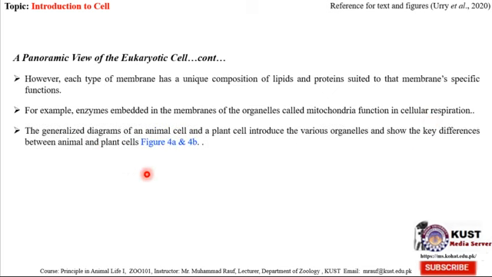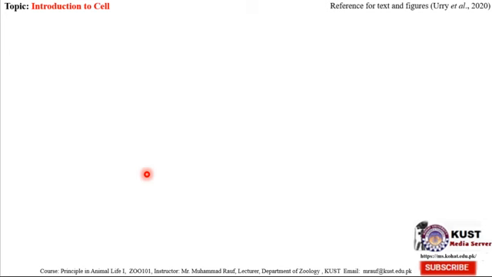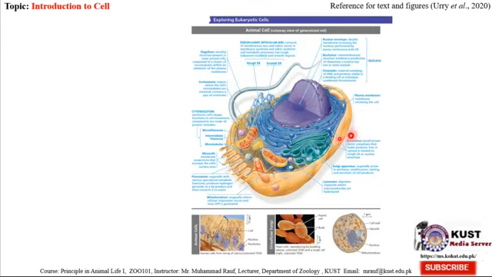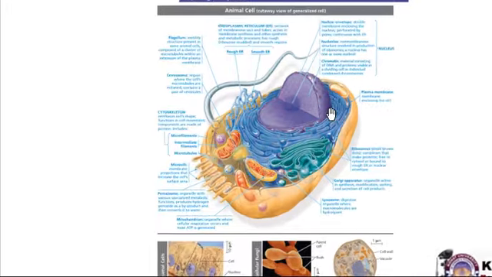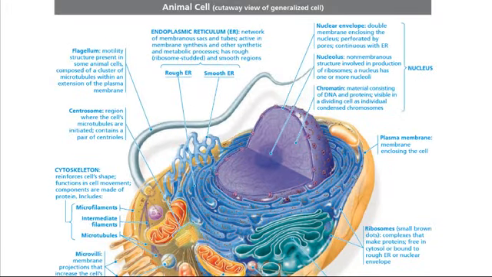Now, on the next two slides, we will have a generalized diagram of animal and plant cells. So this is the structure of an animal cell. The flagellum, which is used for motility.